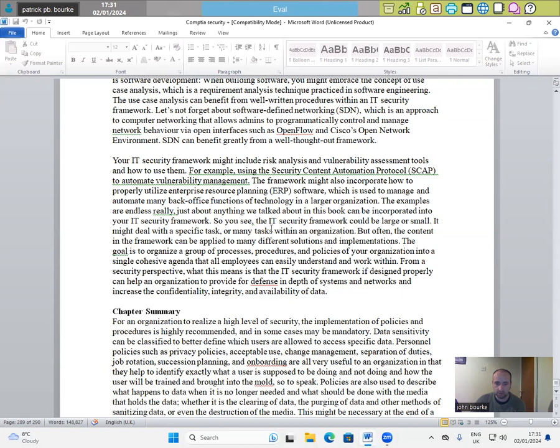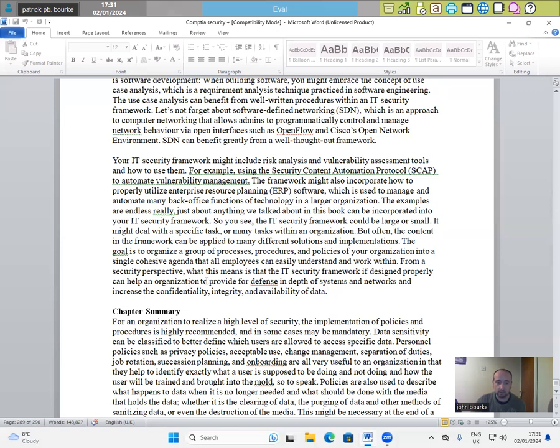So you see the IT security framework could be large or small. It might deal with a specific task or many tasks within an organization, but often the content in the framework can be applied to many different solutions and implementations. The goal is to organize a group of processes and procedures and policies of your organization into a single cohesive agenda that all employees can easily understand and work within.